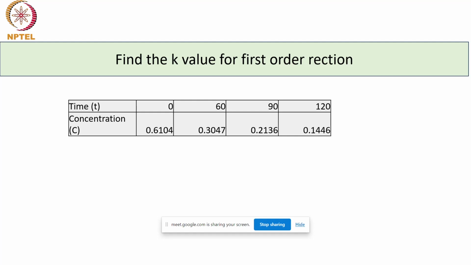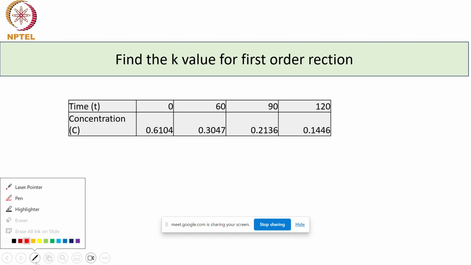Okay, so this follows first order kinetics. Do you know what is the equation for first order kinetics? Ma'am, you have earlier explained dC upon dt. dC upon dt equal to minus k into C, C concentration.